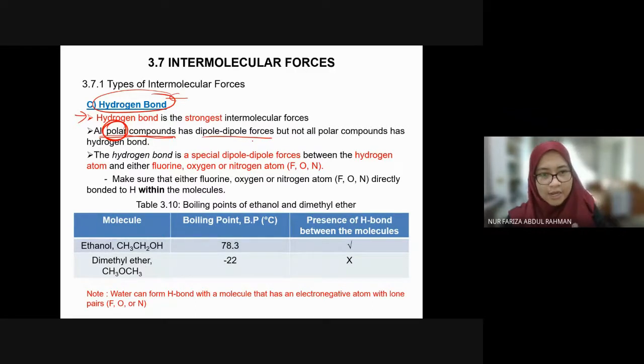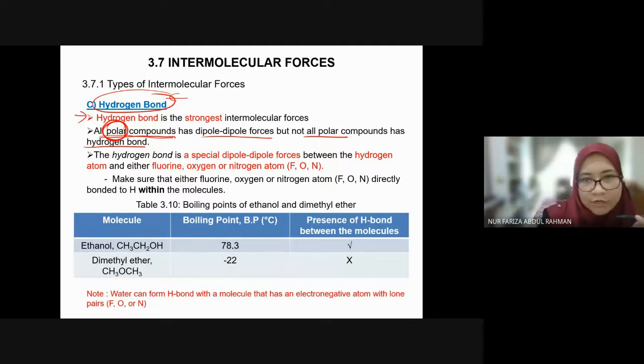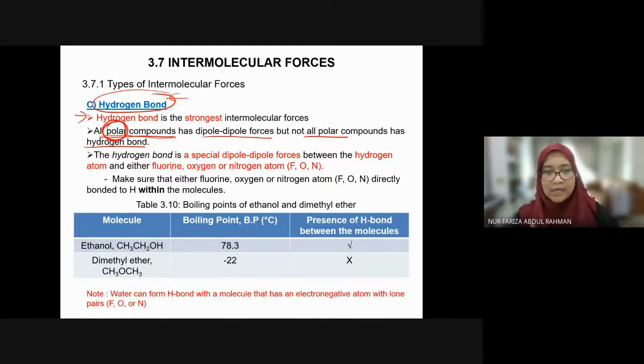As long as it's polar, it will have dipole forces. But not all polar compounds have hydrogen bond. How do we determine whether it is a hydrogen bond or not a hydrogen bond? It's just simply dipole forces. How do we do that? Dia ada dua syarat, like I said. We have two rules in order to identify whether it is hydrogen bond or non-hydrogen bond.